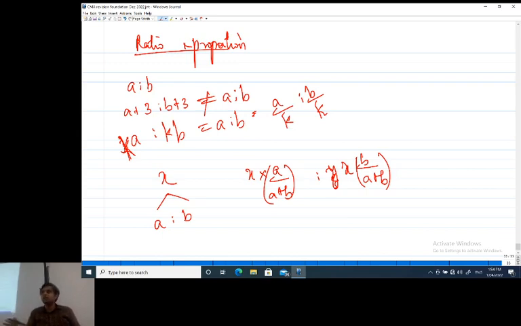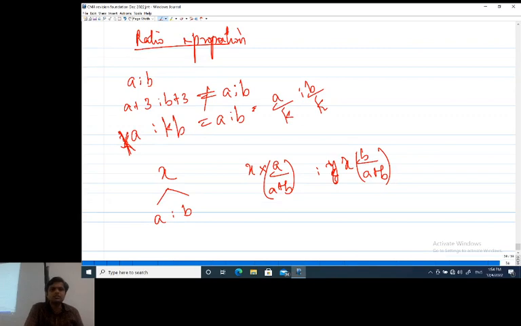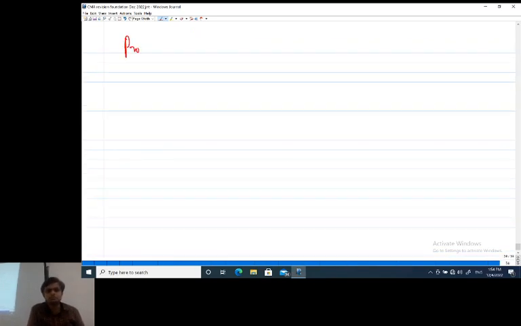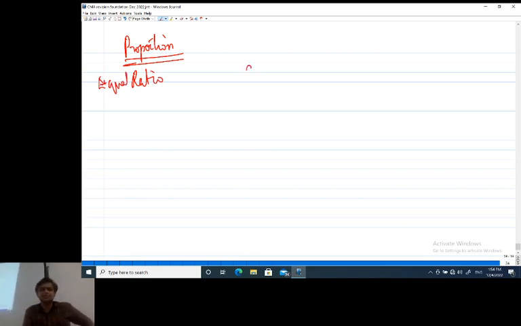Now proportion is the main thing. What is a proportion? When two ratios are equal, they are said to be in proportion. That is, A is to B is equal to C is to D. When this kind of a relationship is in place, you can see that AD equal to BC.